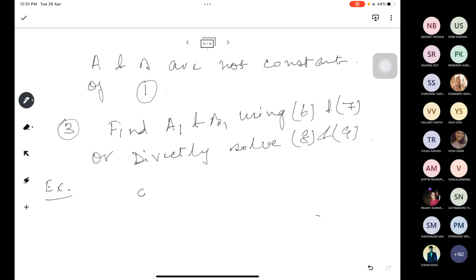Solve the equation d2y by dx2 plus a square y is equal to sec ax by the method of variation of parameters.